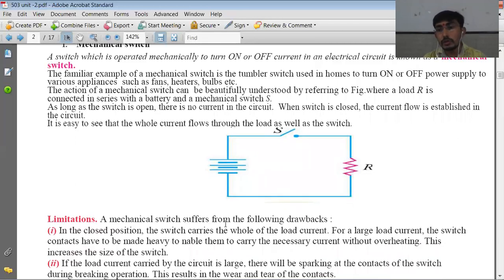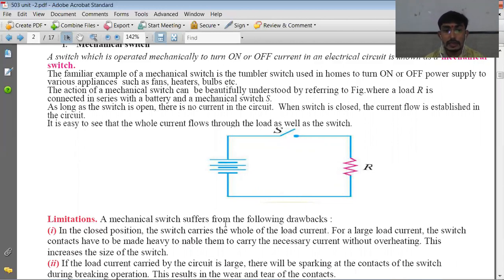But today we are moving towards the electronic switch because of the number of advantages it has. So what is the limitation of the mechanical switch? As shown in the figure, the whole current will flow through the switch as well as the load.